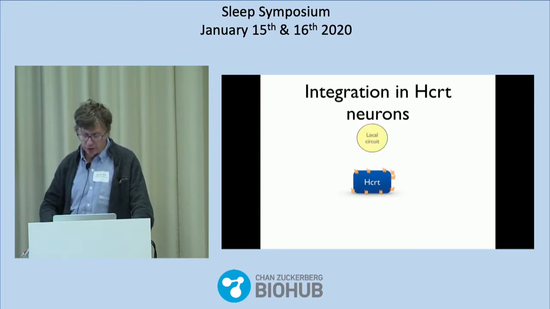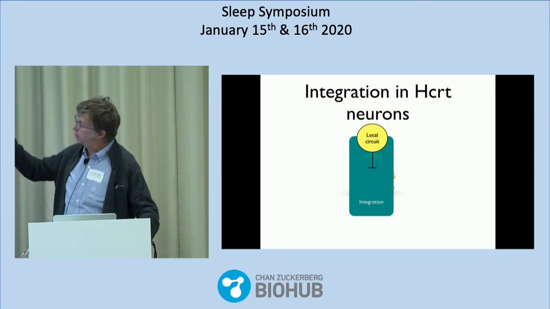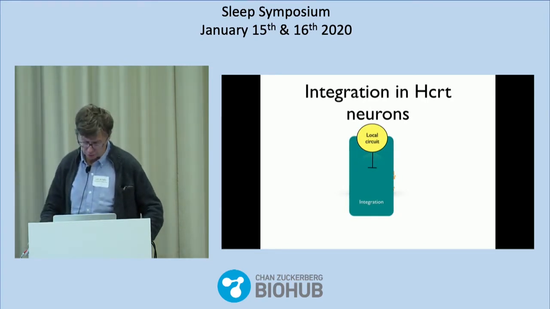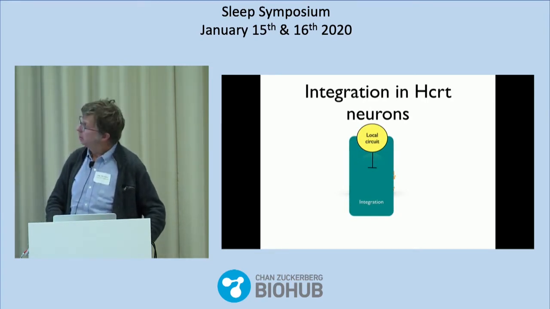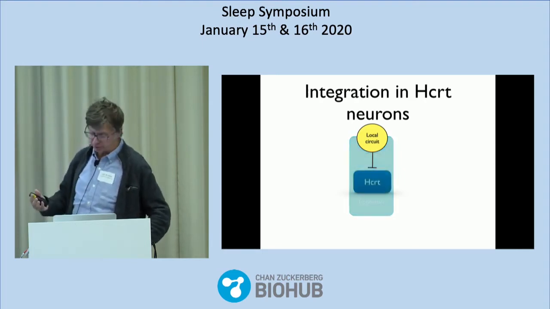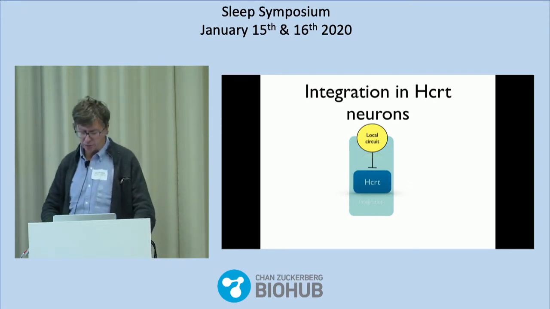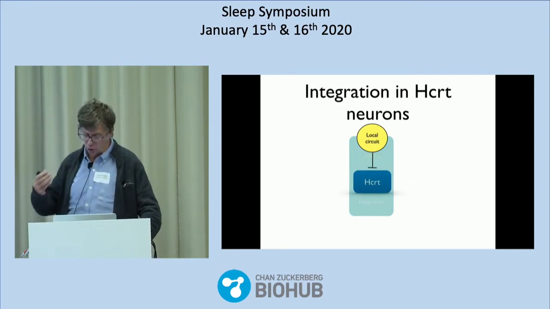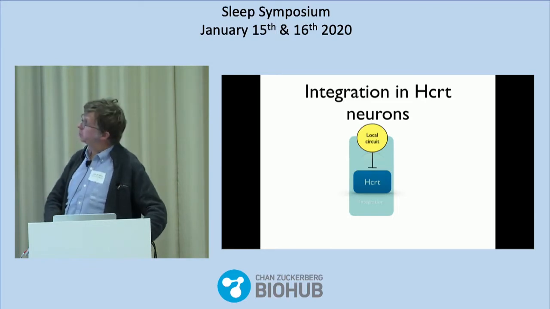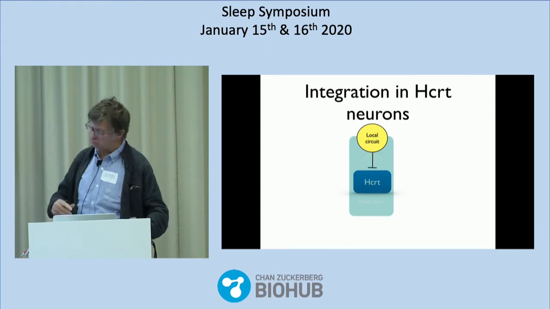But also there's additional information conveyed to hypocretin cells through local circuit neurons in the lateral hypothalamus. Some of these include the leptin receptor positive cells, that are, by definition, sensitive to leptin, which is a hormone that is released by the gut and provides information about the general metabolic state.